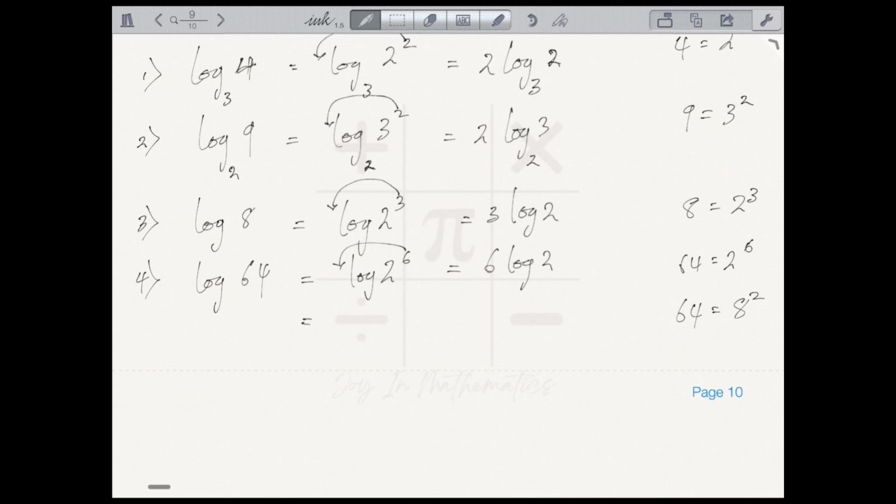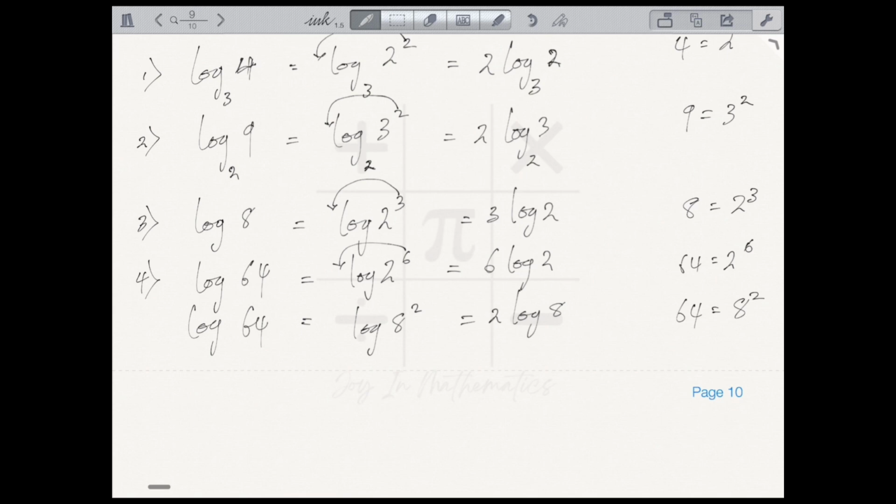Log 64 can also be written as log 8 raised to the power of 2, and this results in 2 log 8.